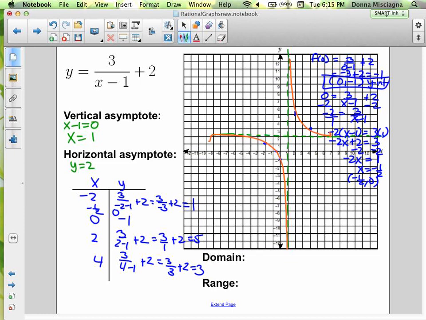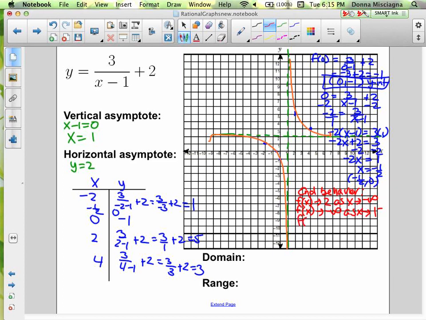Right, and then end behavior. So let's write in the end behavior. Right, so f of x approaches the horizontal asymptote, so approaches 2 as x approaches negative infinity, f of x approaches negative infinity as x approaches the vertical asymptote, which is 1 from the left-hand side.